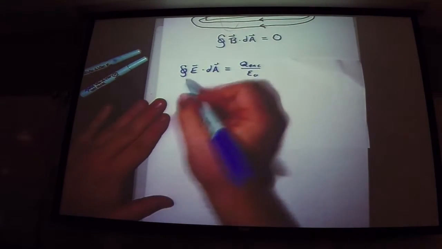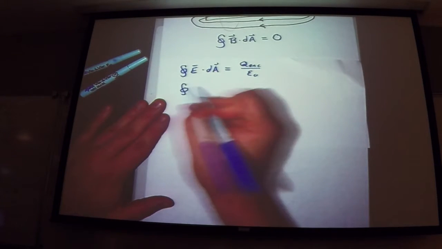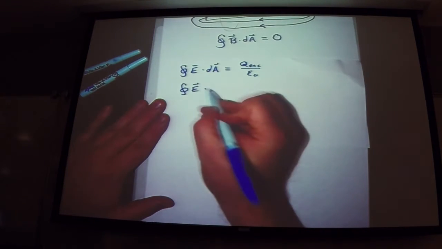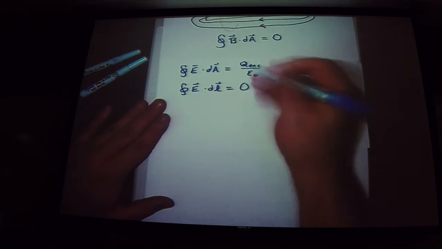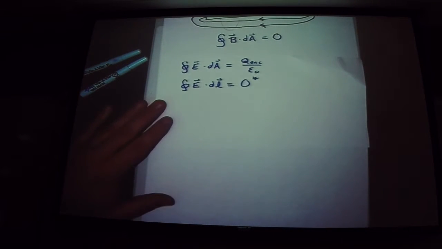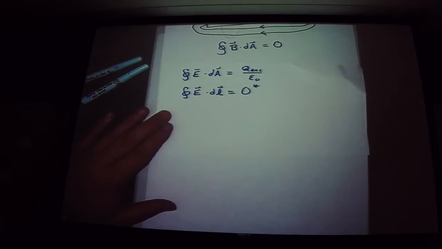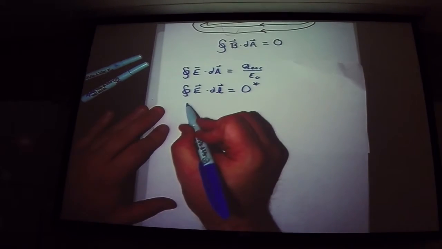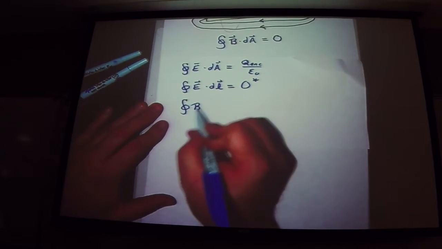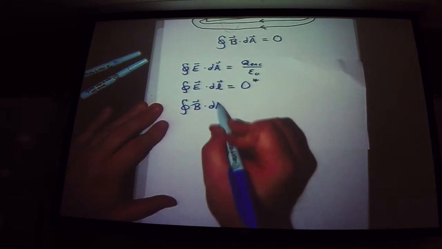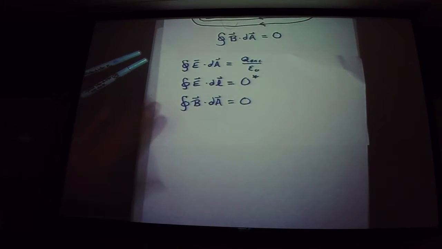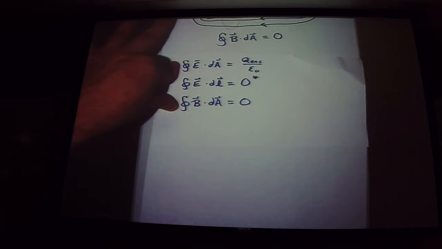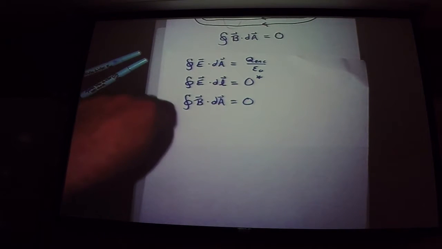Second one is E dot dl equals 0, and that's the one we have to correct. The third one looks like this. These two are fixed. This defines an electric monopole. This is telling you there are no magnetic monopoles.